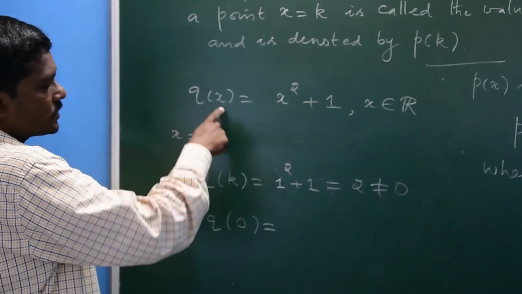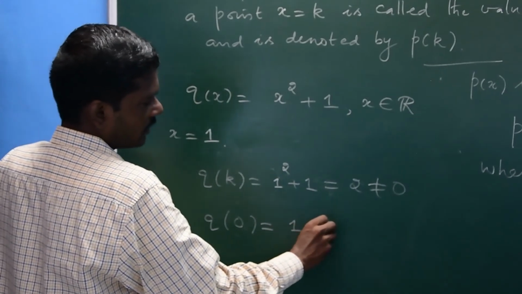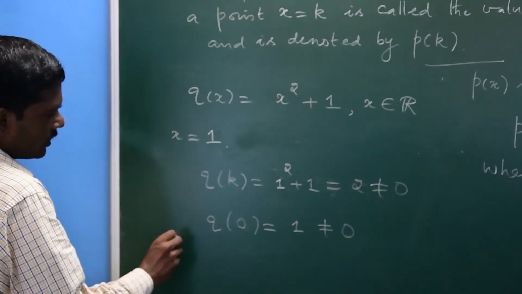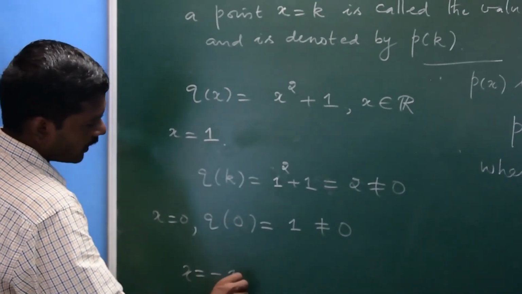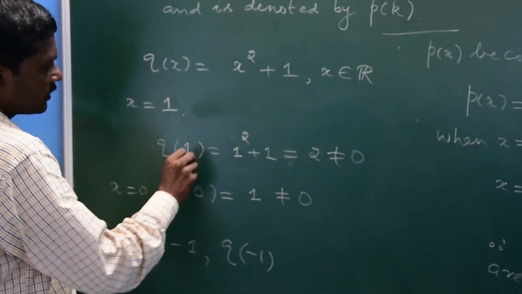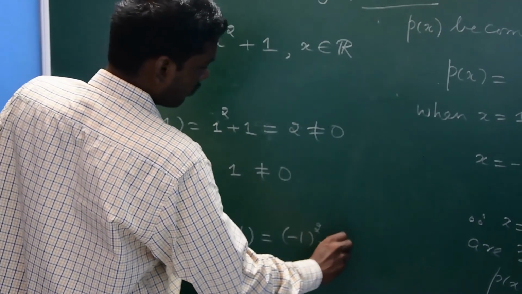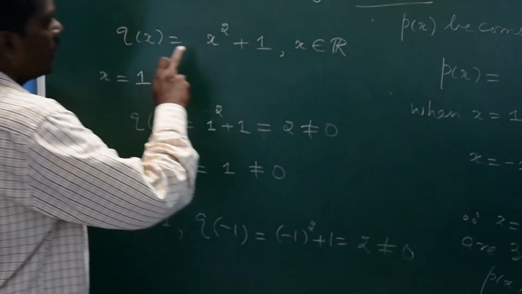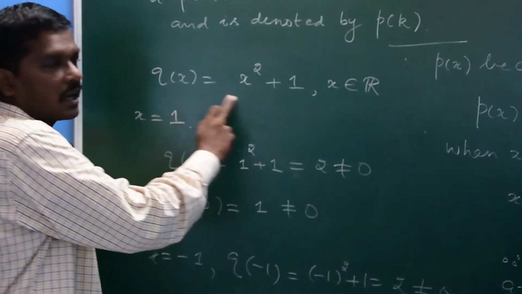When you substitute x is equal to 0, what will happen? 0 plus 1, which is also not equal to 0. When you substitute x is equal to -1, what will happen? Q of -1 is -1 square plus 1, which is again 2, which is not equal to 0. So this polynomial is not going to be 0 at any real number.